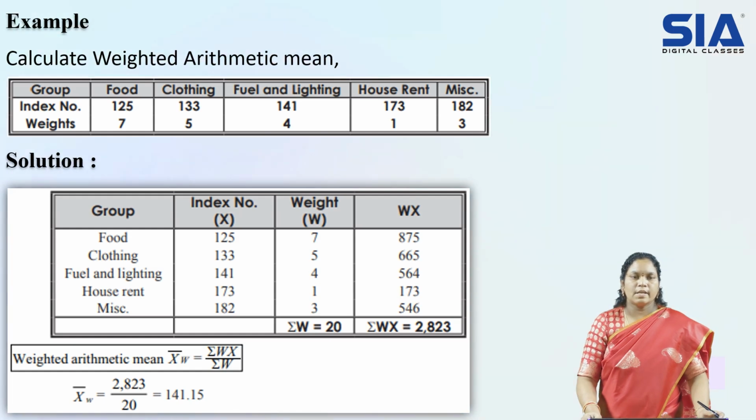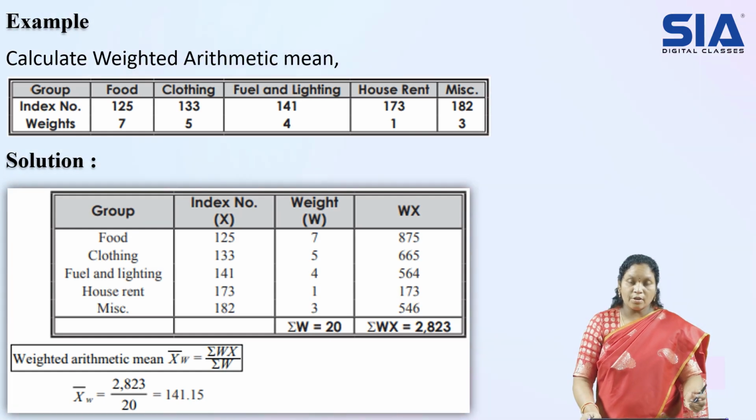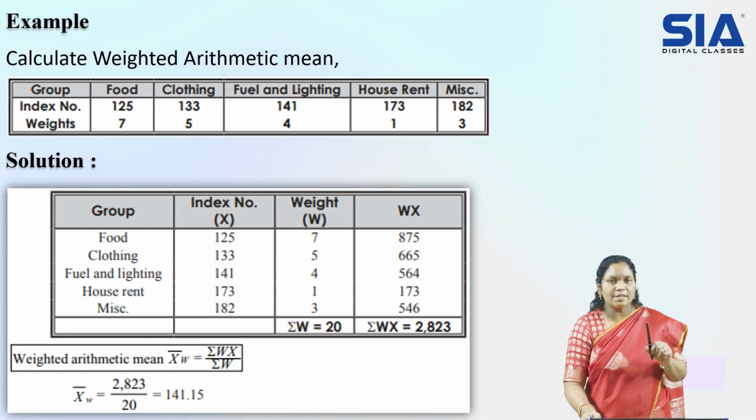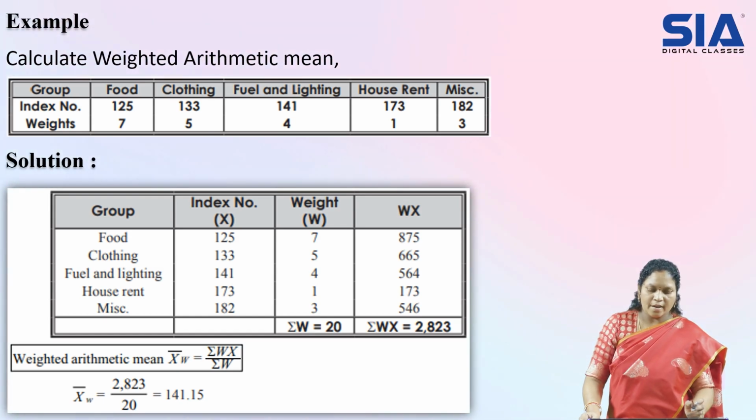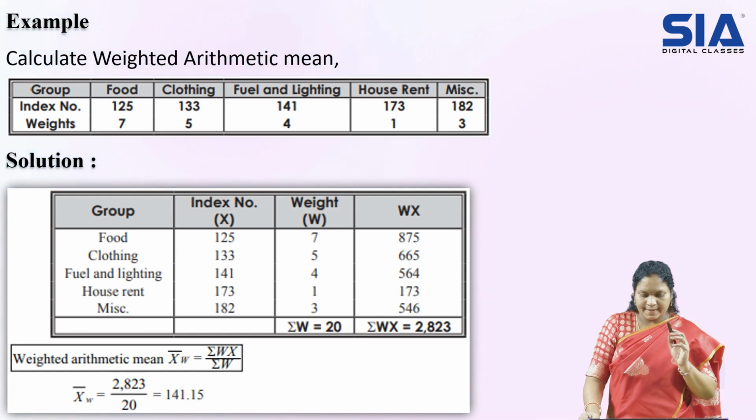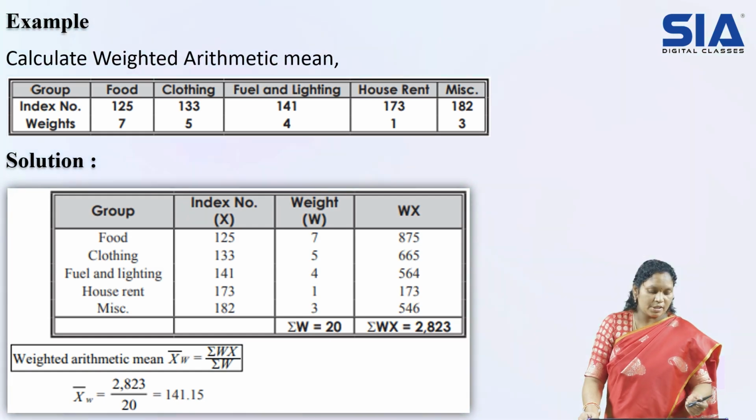So here is an example of the weighted arithmetic mean. I said that some particular weightage is given for particular products. Here you have groups: food, clothing, fuel and lighting, house rent, miscellaneous. In regular life we give weightage to particular products, so the same example is here.